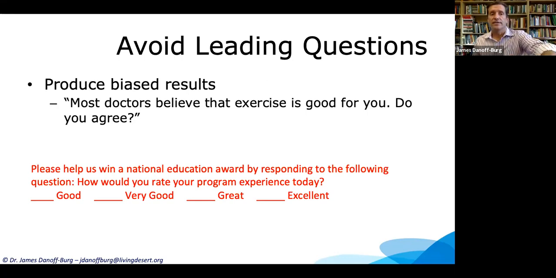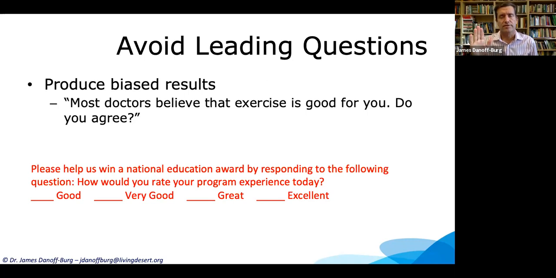So that itself is a leading question. Please help us win a National Education Award by responding to the following question, right? Because if you like that organization, you're going to want them to win a National Education Award. How could they have made that not a leading question? Well, very easy, right? They could have just said, how would you rate your program experience today? That's how you can take out the leading question right there.